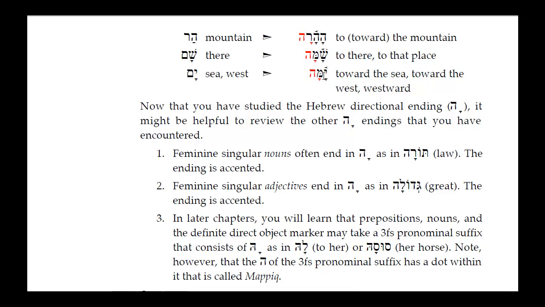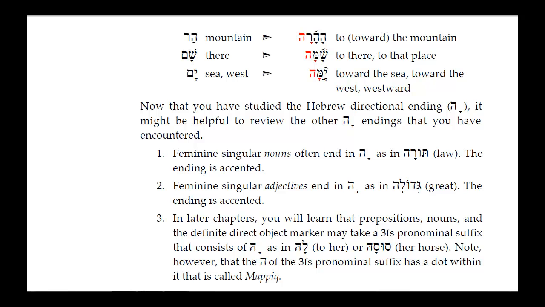So one of the basic ways you'll know the difference is that the accent shifts. Remember, Hebrew nouns tend to have the accent on the end, the tonic syllable, unless they're segholate nouns, which you got into. But for the most part, when you see that common hey, it's going to be accented on the end, unless it is one of these directional heys.